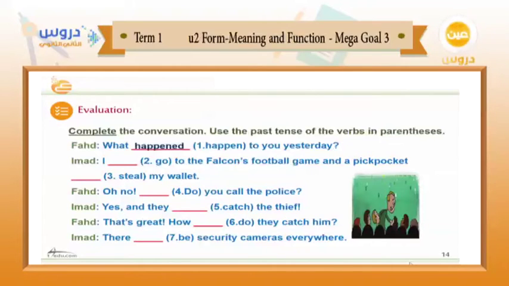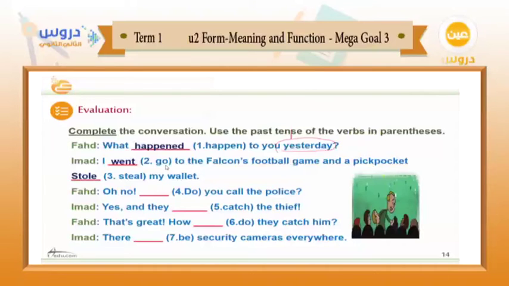Because we have yesterday here, and the question is in the past, the answer of course will be in the past. So what's the past form of go? I went to a Falcons football game and a pickpocket stole my wallet. Because it is in the past, of course you would say stole my wallet.